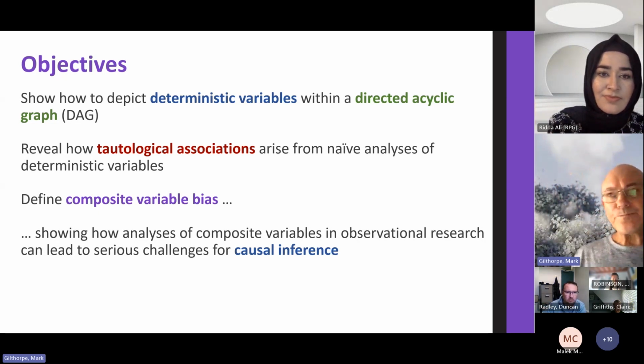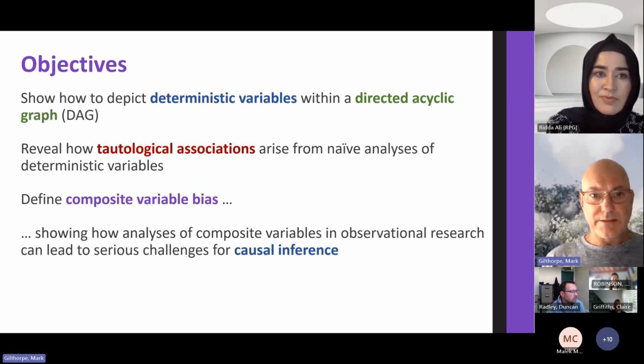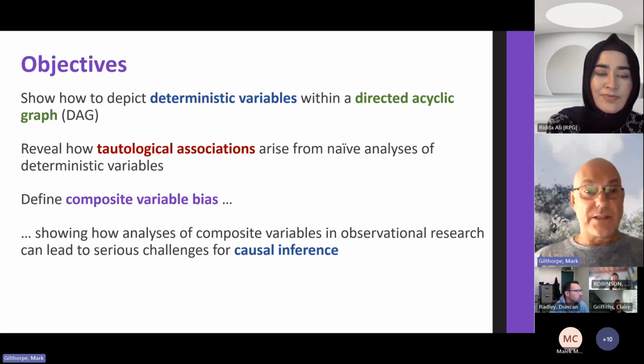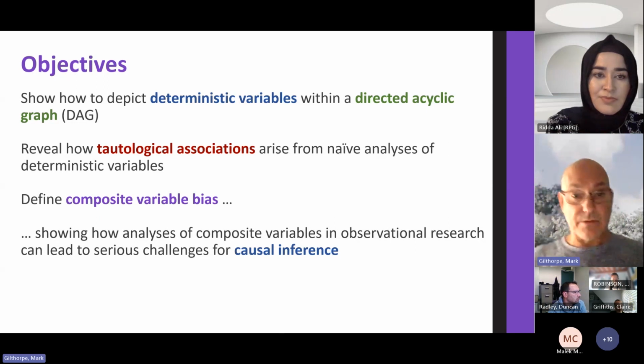But then I go on to explain where composite variable bias arises where there are no tautological associations, so it becomes harder to identify these problems. The point being that composite variable bias arises in the analyses of composite variables in observational research when seeking causal inference, and that causes many challenges and problems for robust causal inference.